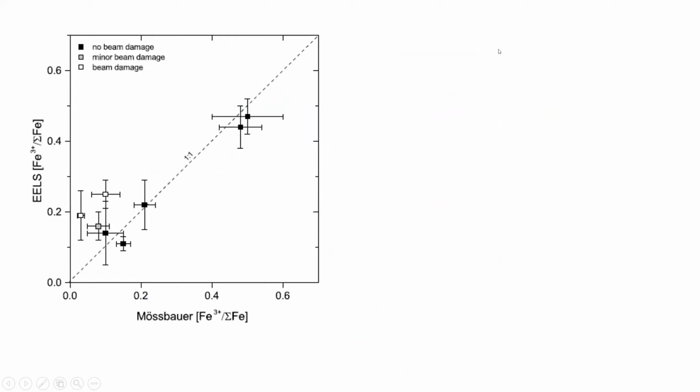They plotted it, and at higher Fe3+ concentration the EELS and Mossbauer data almost follow the 1:1 line. But at lower concentration, the iron concentration is highly overcalculated in the case of EELS. So mostly they have used the Mossbauer method.